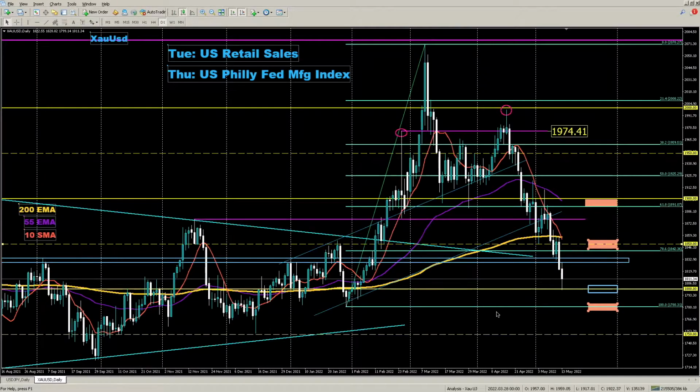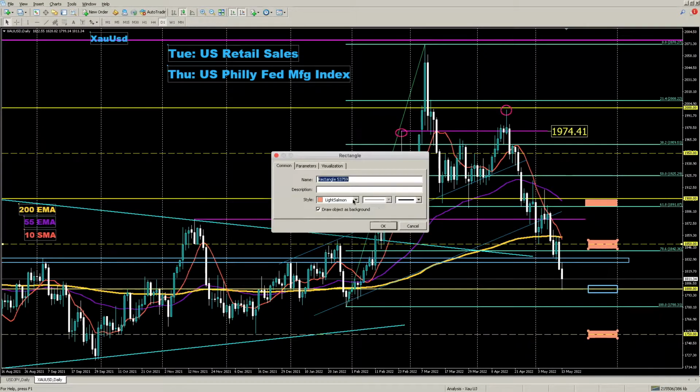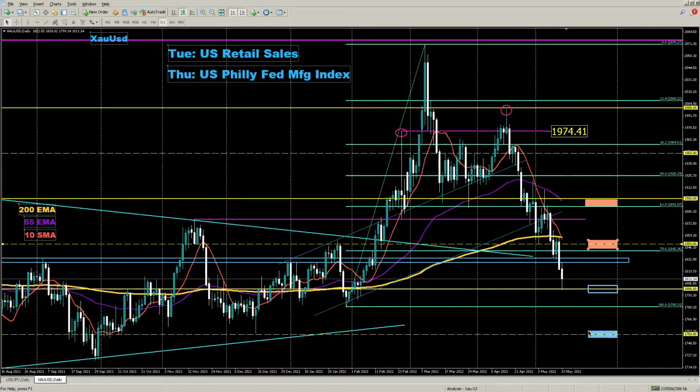But if it does weaken further and tries to retest this swing low here, that's a critical one at 1750. So that's going to be the major support level next.